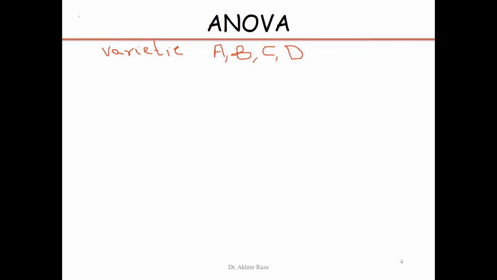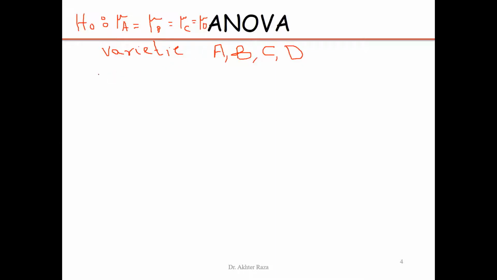The null hypothesis will be what? The null hypothesis will be H naught: the average output of the crop if we plant variety A, the average output of crop B, the average output of crop C, and the average output of crop D are equal. This is the null hypothesis. And how do we collect the data for this experimentation?